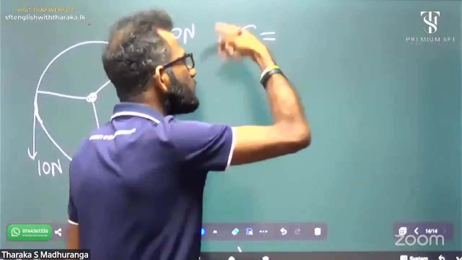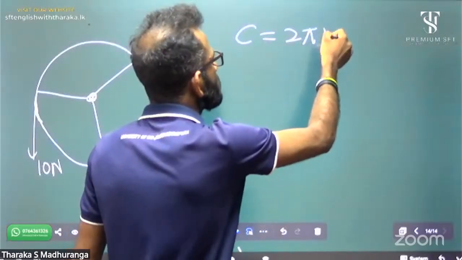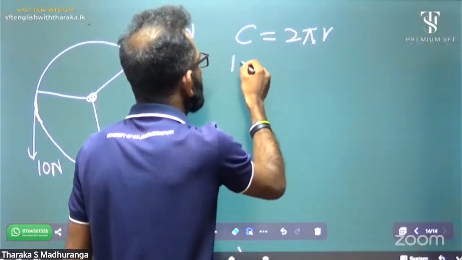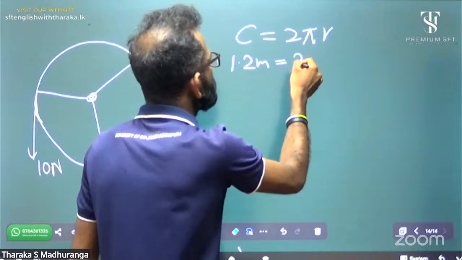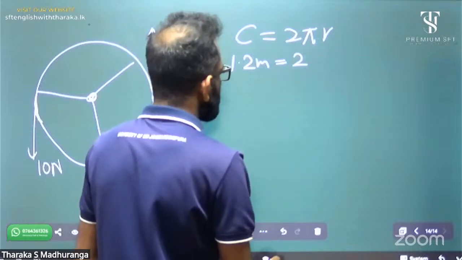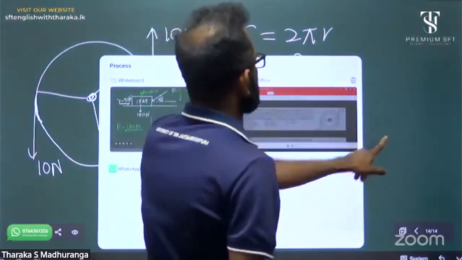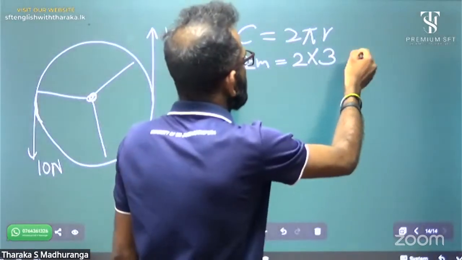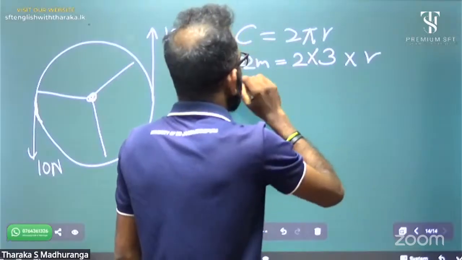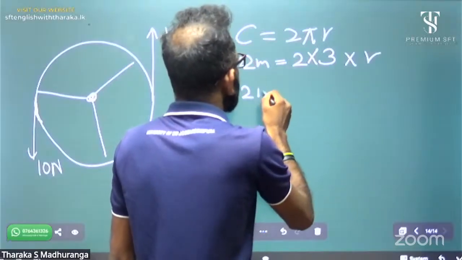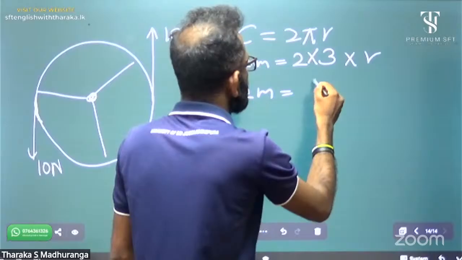Circumference of a circle is 2 pi r. Pi is given as 3, and r we don't know. So 1.2 meter equals 2 into 3 into r.